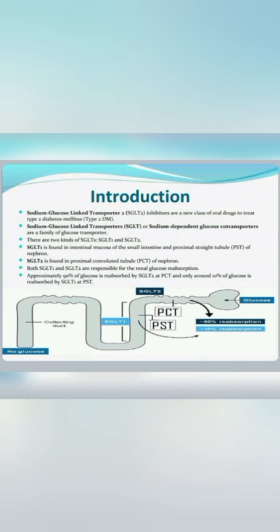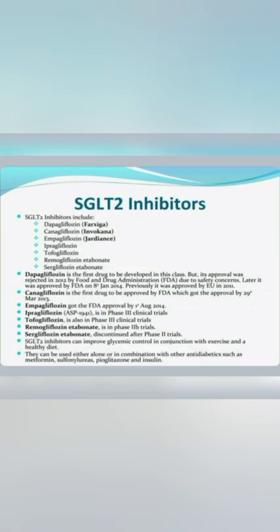at the PST. Now we discuss some SGLT2 inhibitor drugs, like dapagliflozin, canagliflozin, empagliflozin, ipragliflozin. Dapagliflozin is the first drug to be developed in this class, but canagliflozin is the first drug to be approved by the FDA, which got approval on 29 March 2013.